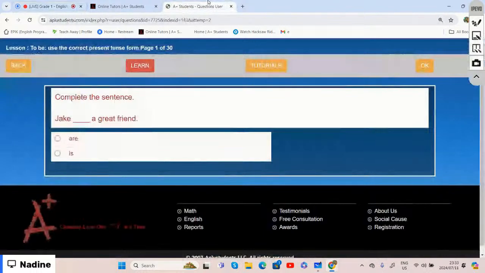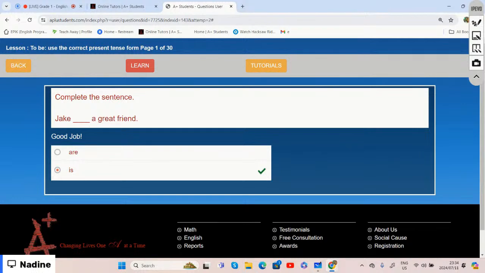So which option? Option one or option two? All right, and if we were to choose the correct one, we would say Jake is a great friend because we are referring to one person, which is Jake.